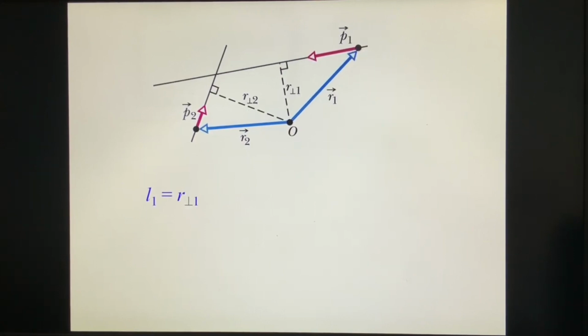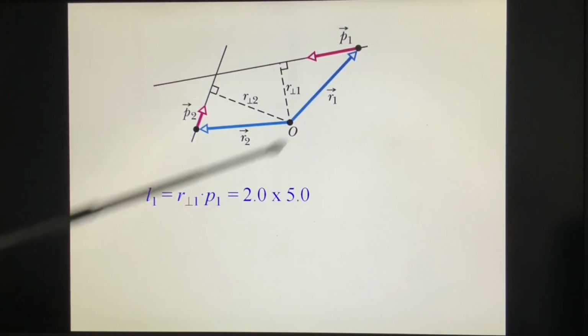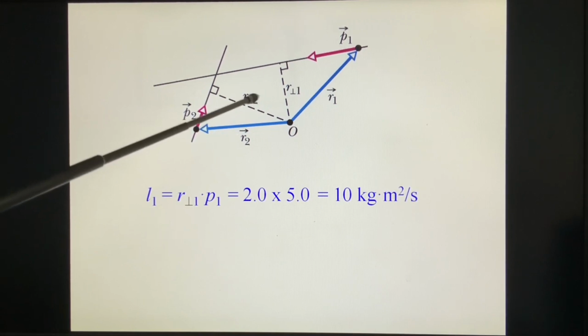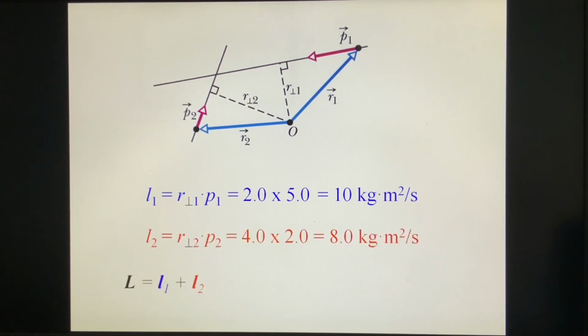It's very simple. Just put in the formula. L1 equals r perpendicular 1 times p1. Everything is given. This is 2.0, this is 5.0. L2 equals r perpendicular 2 times p2. The only thing we have to notice is the direction.